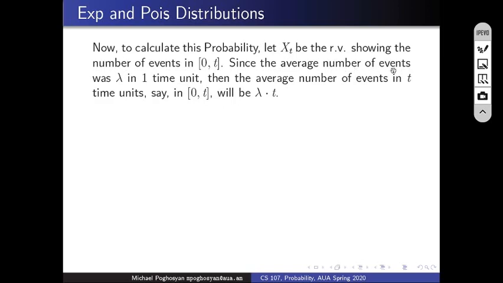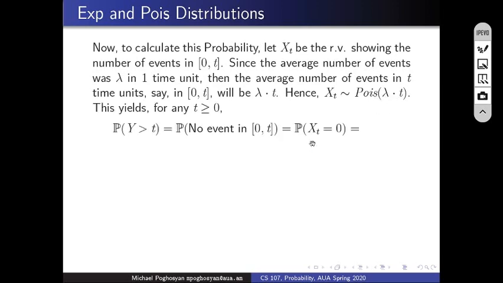Since the average number of events is lambda in one time unit, say 1 minute, because X is Poisson with parameter lambda, the average number of events in this interval of t time units will be lambda times t. So X_t is Poisson with parameter lambda t. Now I can continue calculating.